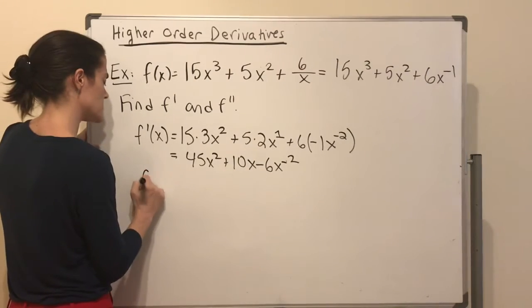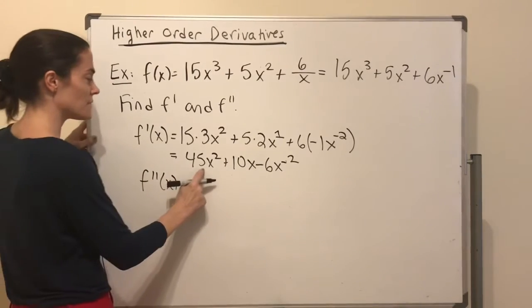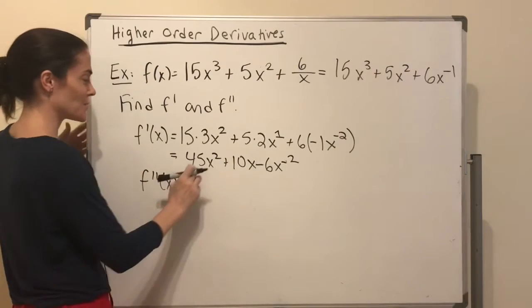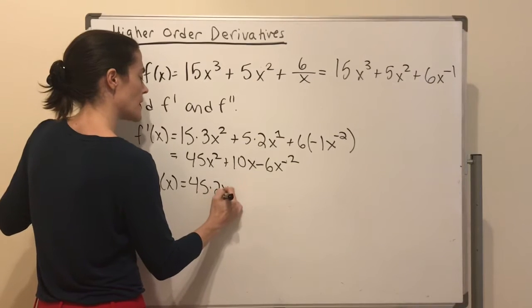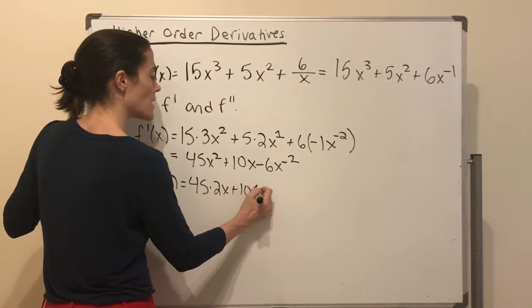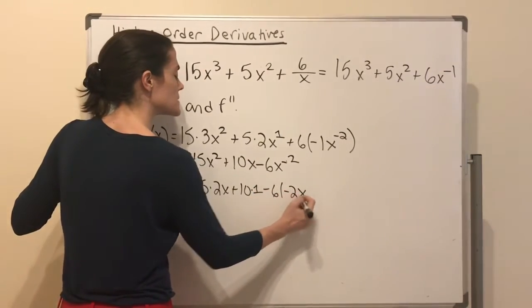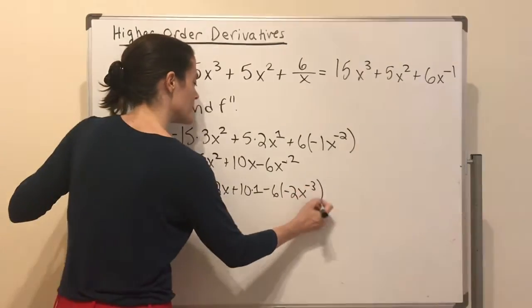Now immediately I can write down the second derivative. Well, it's a power rule again on each term. This would be 45 times 2x plus 10 times derivative of x is 1, and then minus 6, we bring down the power, x to the minus 2 minus 1 is negative 3.